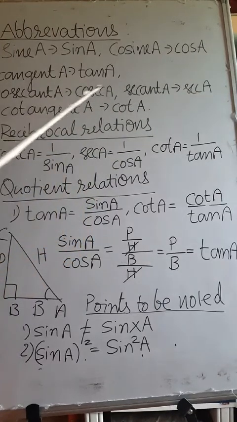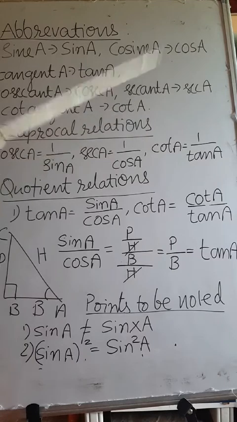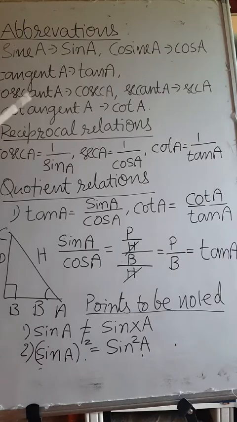Finally, cotangent A is written as cot A, and you pronounce it as cot A. This is regarding the abbreviation form. Next, reciprocal relations. We already came across this while studying T ratios.